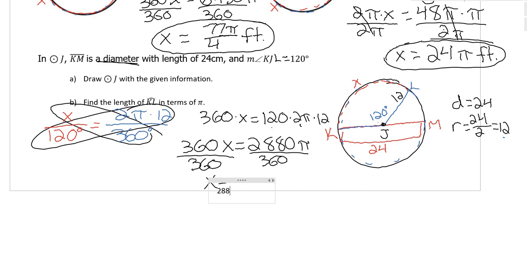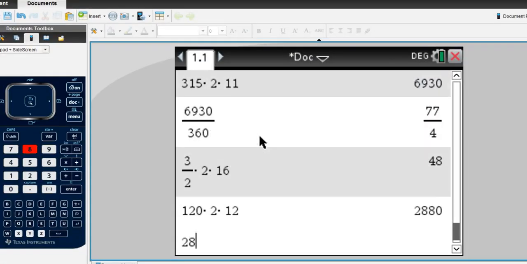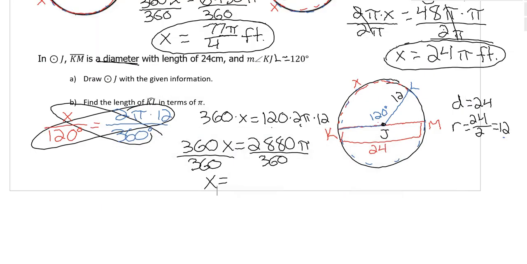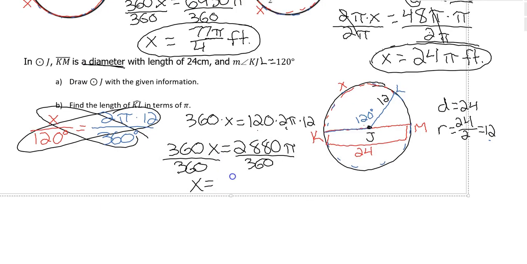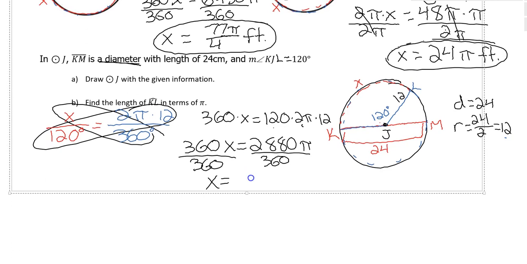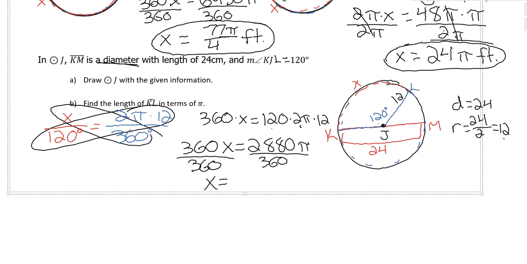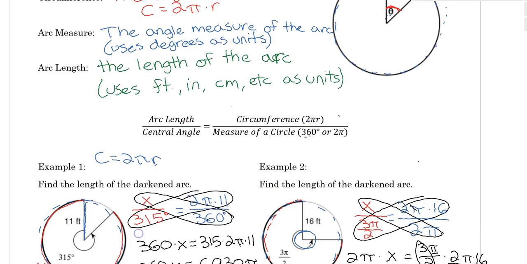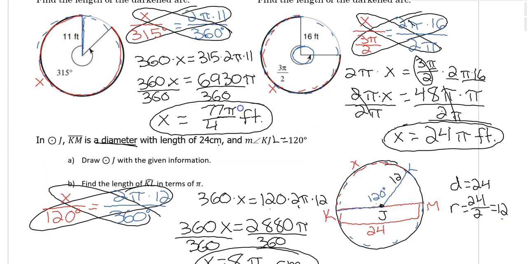Divide by 360 and I get 8. It's a nice number. 8 pi, and my unit here is centimeters. That's it for C2. Okay, go ahead, work.